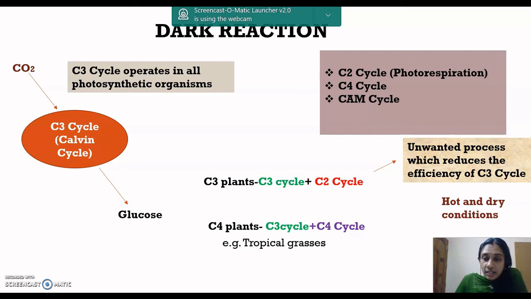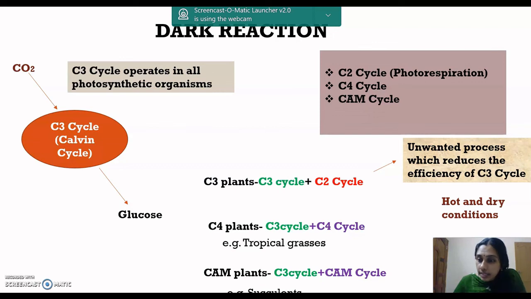The second category of plants having an adaptive cycle is CAM plants. CAM plants are desert plants, that means succulents. Succulents or desert plants are coming in this category. Here CAM cycle is operating along with C3 cycle. CAM cycle is crassulacean acid metabolism, which we will study later in detail.